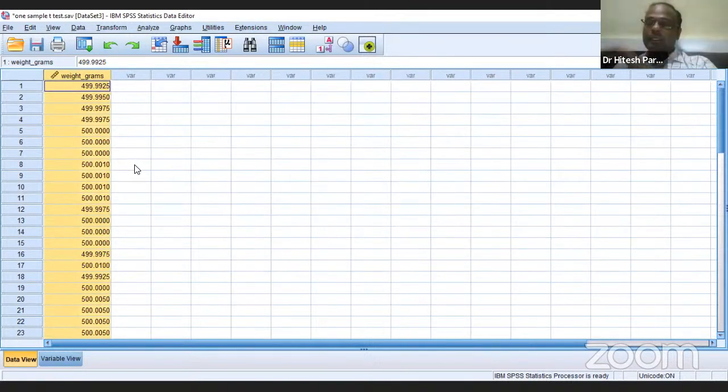What is one sample t-test? It is the comparison of some standard benchmarking value versus your sample mean.